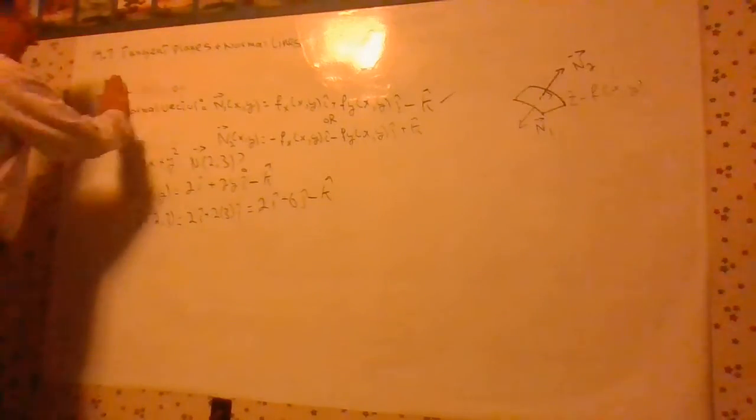So let's suppose we have this function z equals 2x plus y squared. And instead of the normal vector, we want the tangent plane at 2, 3.